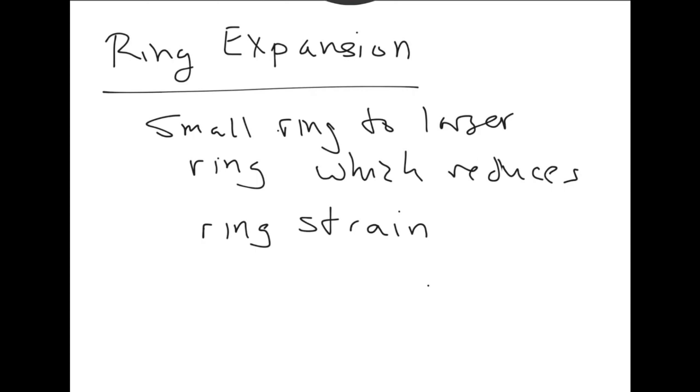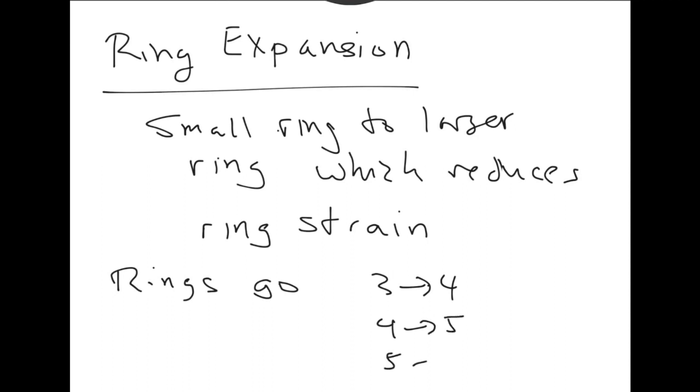So the general rule is rings go, boy, people are just falling asleep in here. Rings go 3 to 4. So from 3-membered rings, they can expand to 4-membered rings. They can go 4 to 5, or they can go 5 to 6.